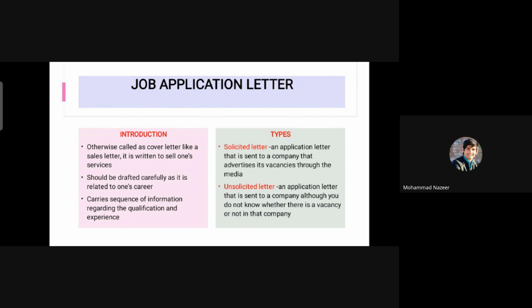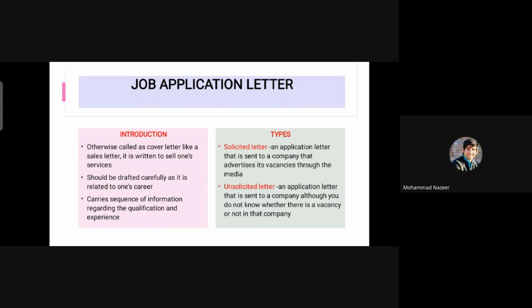They will give you an advertisement, and they will show that you will be posted in a certain place, so you should be responsible. Apart from that, they will ask for experience. Then they will say your remuneration will be comparable with the best in the industry and linked with your performance. So that is the ad, and this ad you have to pursue.